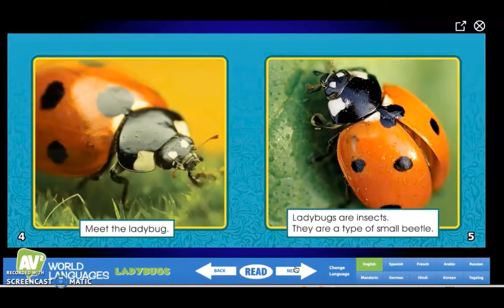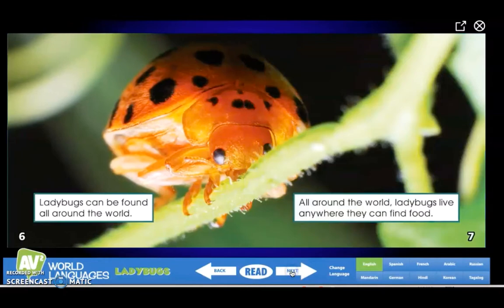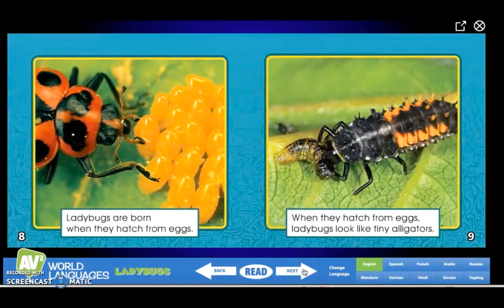Page 4, we're meeting the ladybug. Meet the ladybug. Ladybugs are insects. They are a type of small beetle. Ladybugs can be found all around the world. Ladybugs live anywhere they can find food. Ladybugs are born when they hatch from eggs.